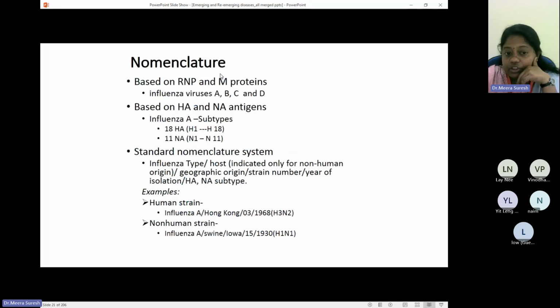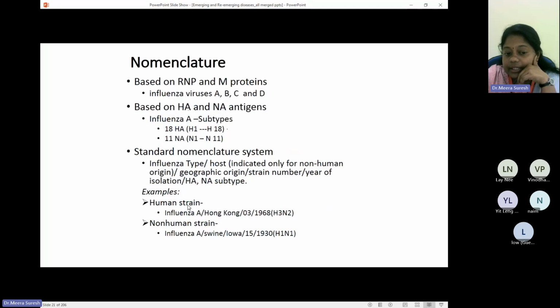And the nomenclature has been given based on the different proteins present in the virus. So it is named as influenza virus A, B, C, and D. Then based on the HA and NA antigens, the hemagglutinin and neuraminidase, it is classified into H1 to H18 based on the HA variety, and NA variety N1 to N11, but you don't have to study this. The standard nomenclature is the influenza type, host if it is non-human, geographic origin, strain number, year of isolation, HA NA subtype.